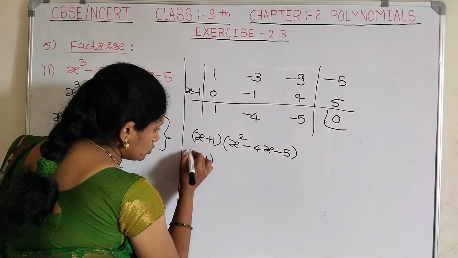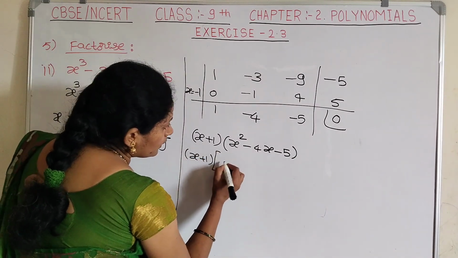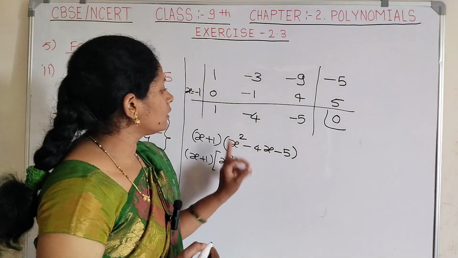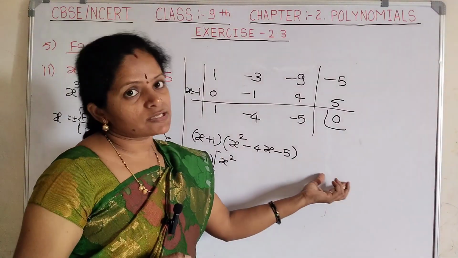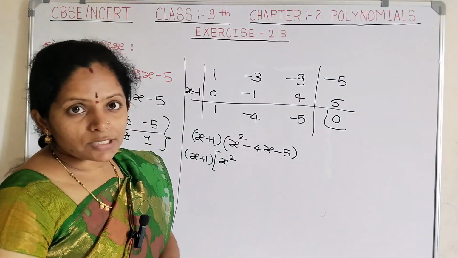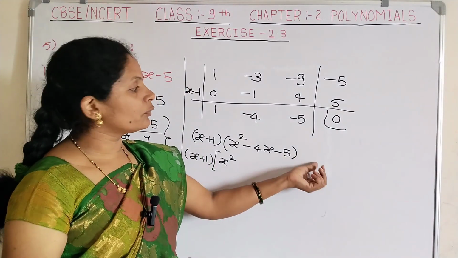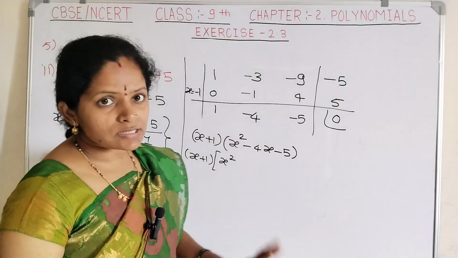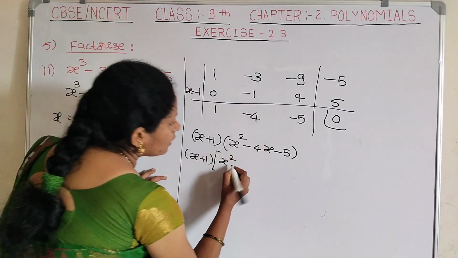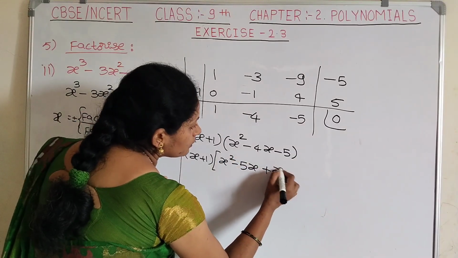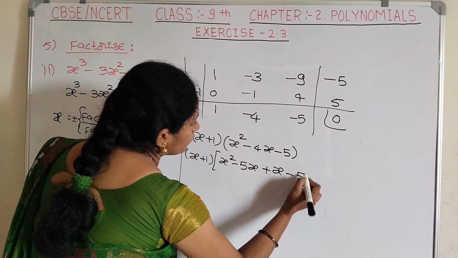X plus 1 into x square. X square into minus 5 x square. We got the negative number, we have to do the subtraction. The factors of 5 are 1 and 5. Minus 5 plus 1, which gives us minus 4. Minus 5x plus x, minus 5.